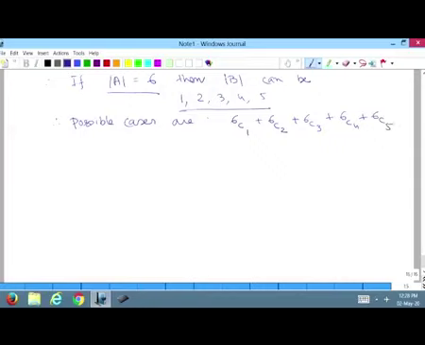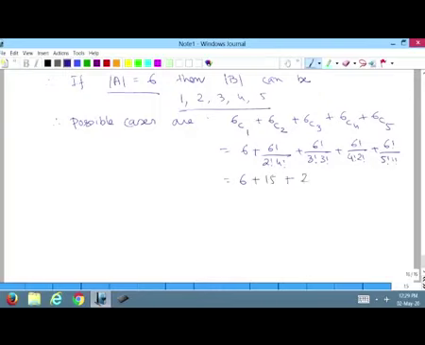6C5 is equal to 6 plus factorial 6 upon factorial 2 into factorial 4 plus factorial 6 into factorial 3 into factorial 3 plus factorial 6 into factorial 4 into factorial 2 plus factorial 6 into factorial 5 into factorial 1, is equal to 6 plus 15 plus 20 plus 15 plus 6, is equal to 62 ways.